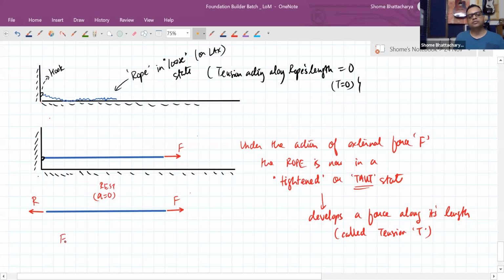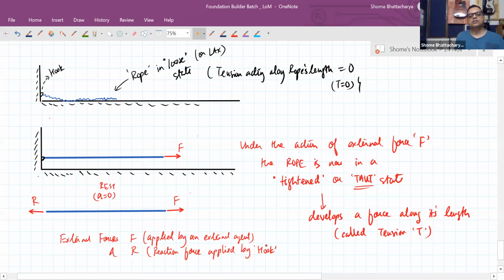So external forces: F applied by some external agent, and R, that is the reaction force applied by the hook that it is attached to.